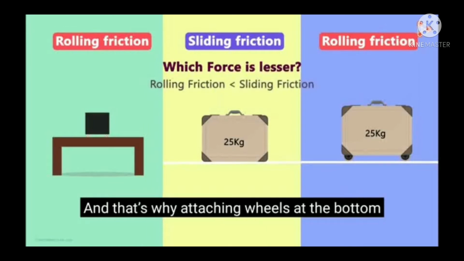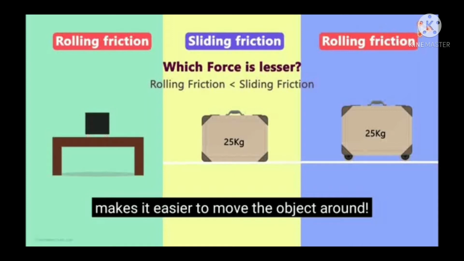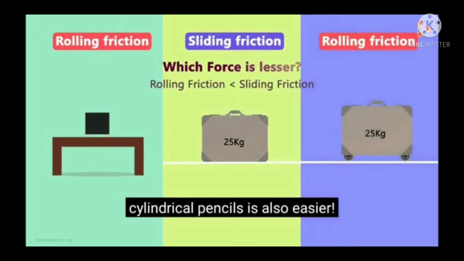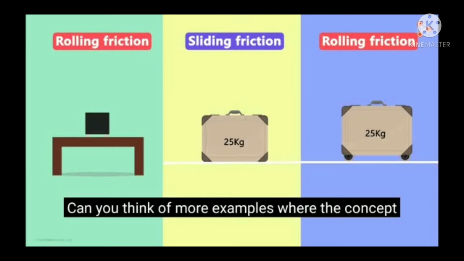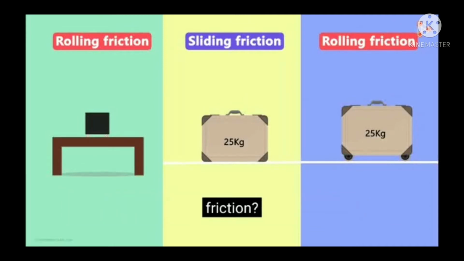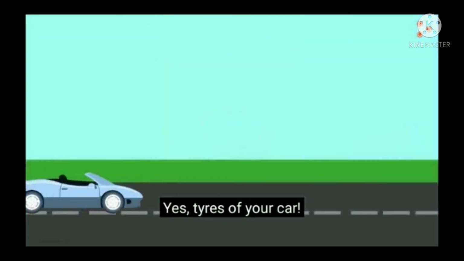And that's why attaching wheels at the bottom makes it easier to move the object around. And similarly, moving the box on top of the cylindrical pencils is also easier. Can you think of more examples where the concept of rolling friction is used to reduce the friction? Yes, tires of your car.